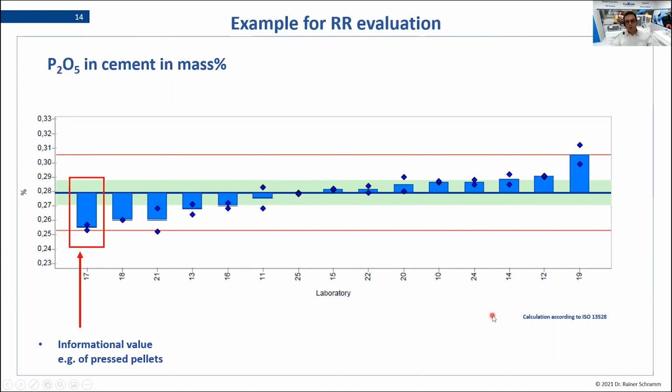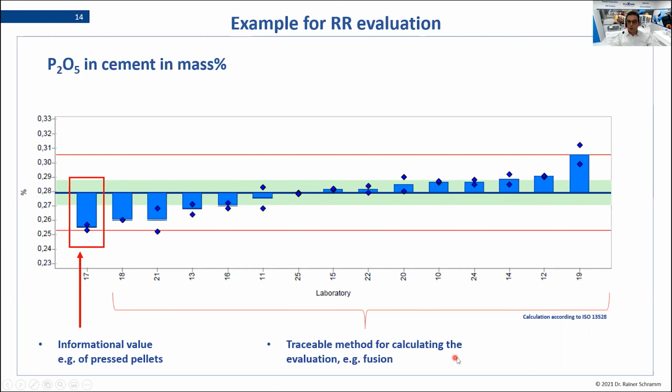Then we distinguish between two types of values. There will be informal values, which come from methods which are not traceable. And we have values from methods which are traceable. This is important because we want to calculate the mean value only on values where we know that they are traceable, for example, to a certified reference material.